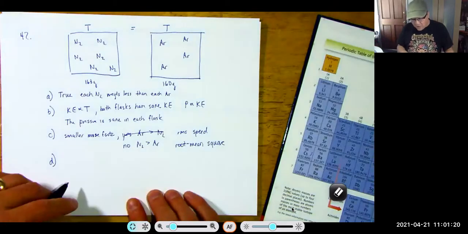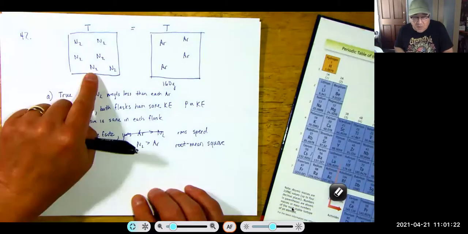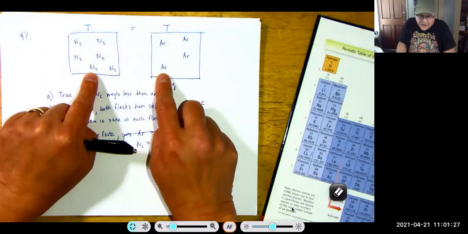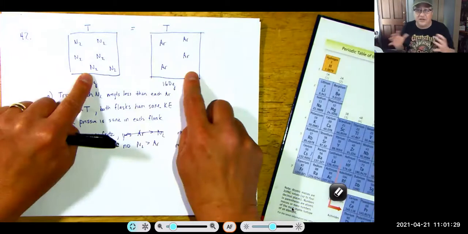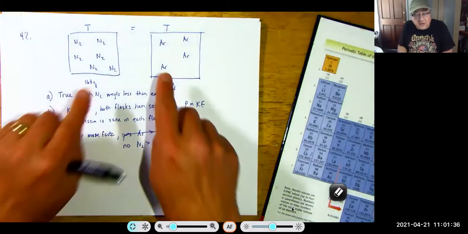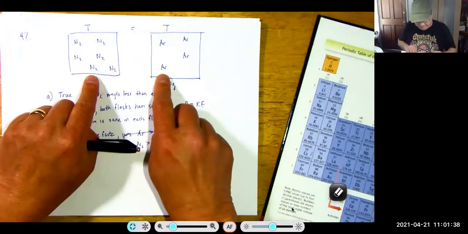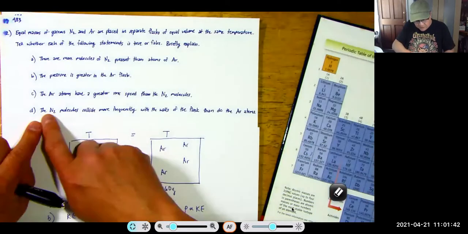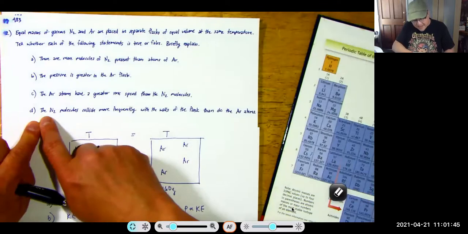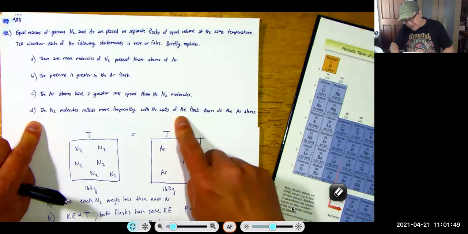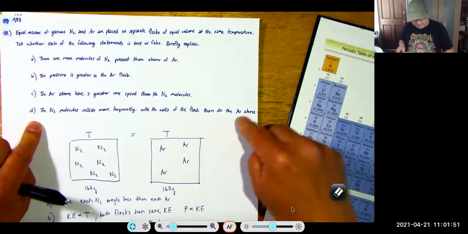Now, of course, if that one hits the wall more often than that argon, and there's more of these than those, then absolutely, in total, they will be hitting the walls of the container more. But this is about just an individual molecule versus atom. So you'll notice here, they should have written that an N2 molecule collides more frequently with the walls of the flask than an argon atom.